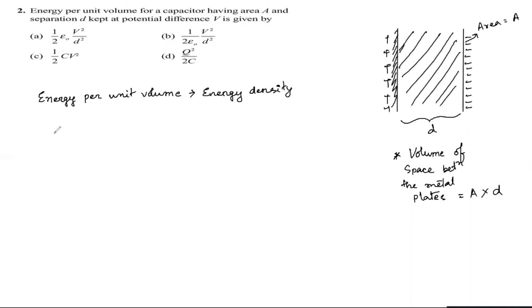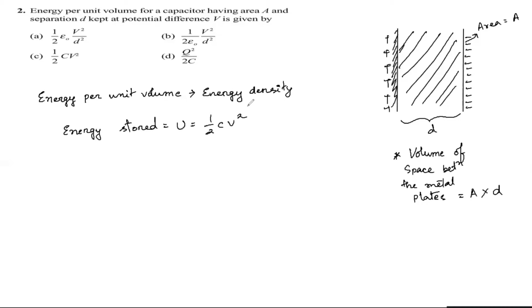Okay. And we have studied till now that when a capacitor is charged by Q amount, that means we store certain energy in that capacitor. So if I express our energy stored value, it is nothing but half CV square.